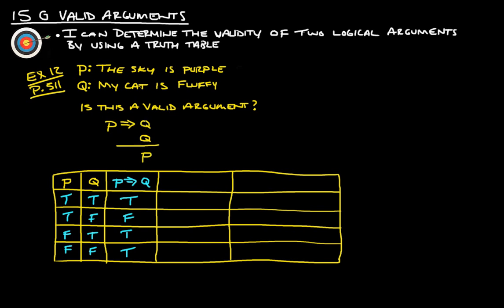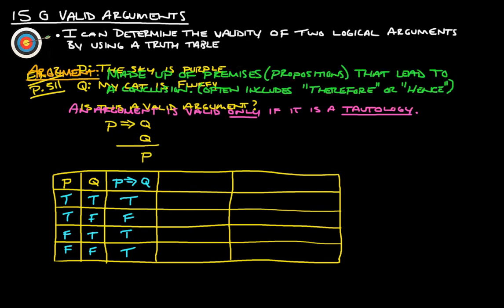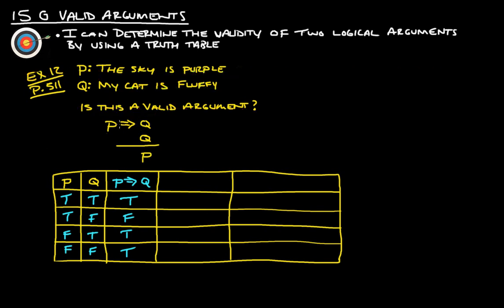When you have these two premises, this premise and this premise, you always want to connect them with and. So we want to do P implies Q and Q.